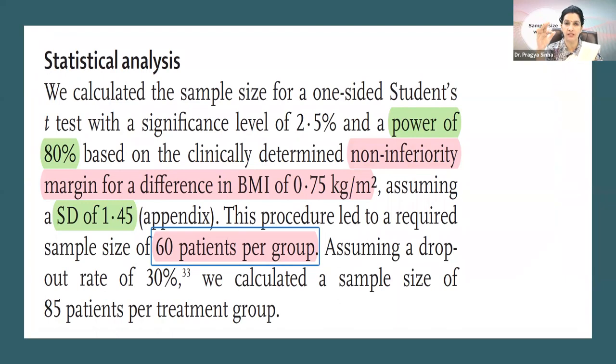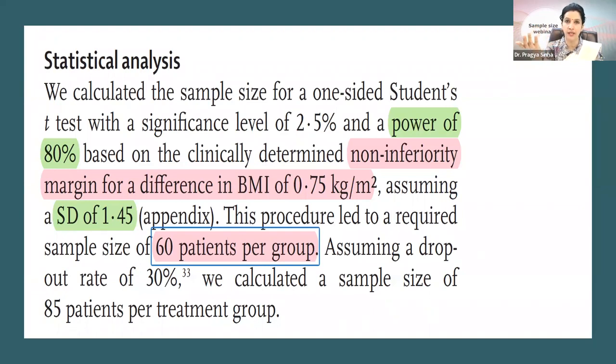That means with the existing treatment, whatever was the change in the BMI, they accept the same change with this new DP, the daycare treatment, even if it is within the range of 0.75 less than the existing one.